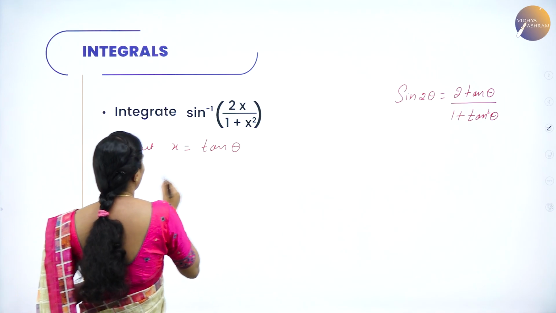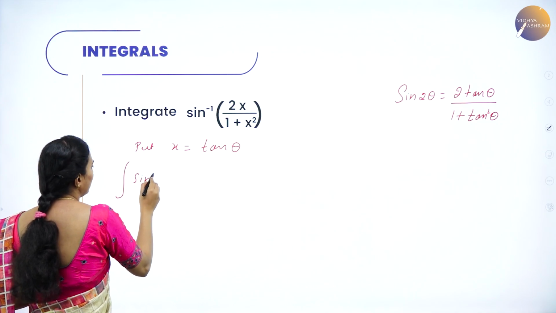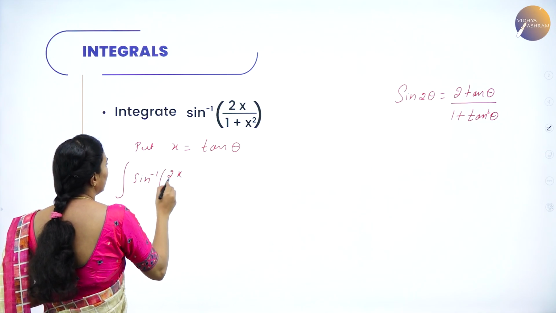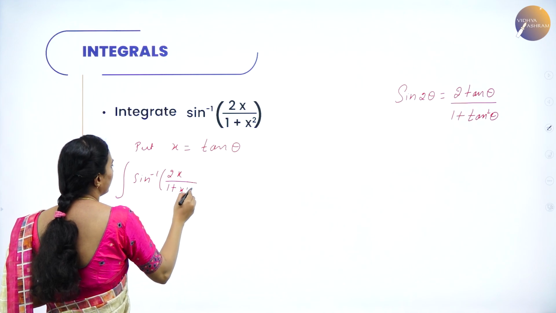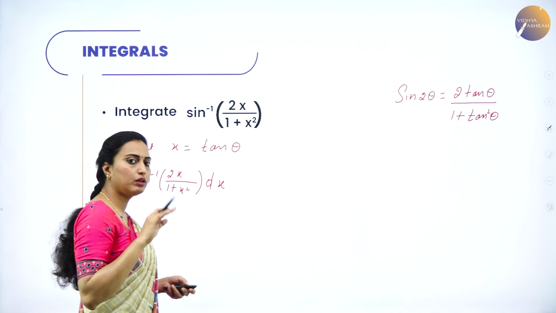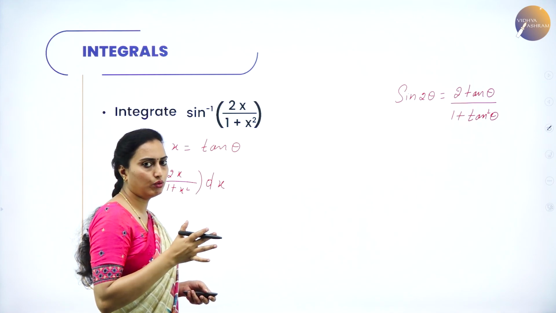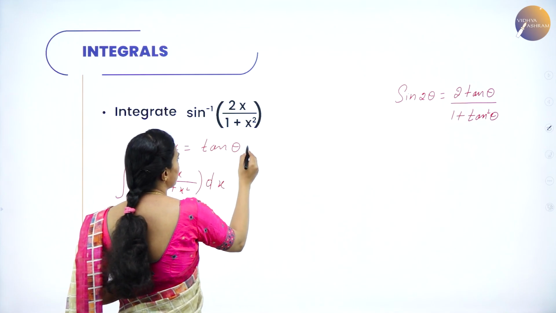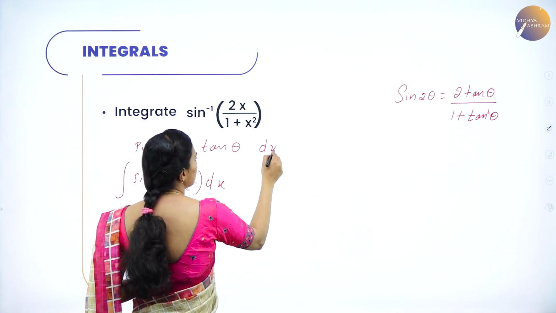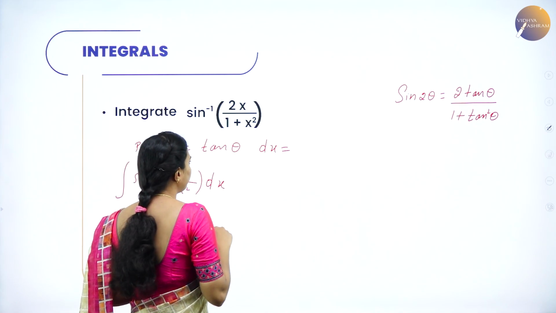First, let me write symbolically. So, therefore, you are having integral of sine inverse of 2x divided by 1 plus x squared into dx. Now, here, if you substitute in terms of x as tan theta, all terms should be in terms of theta only. Therefore, differentiating this with respect to x, what is that? dx, 1 into dx is equal to tan theta differentiation will be what?